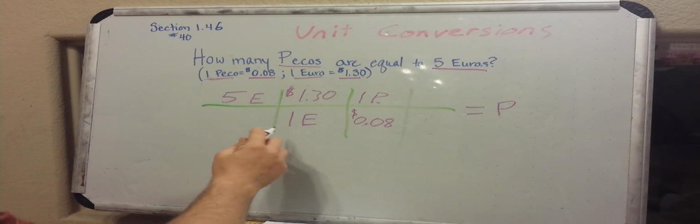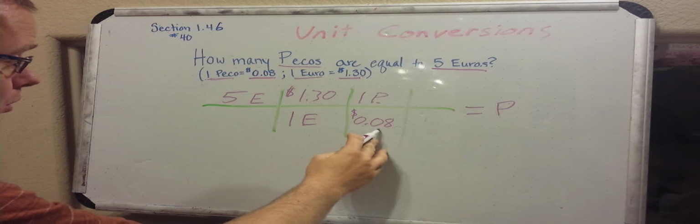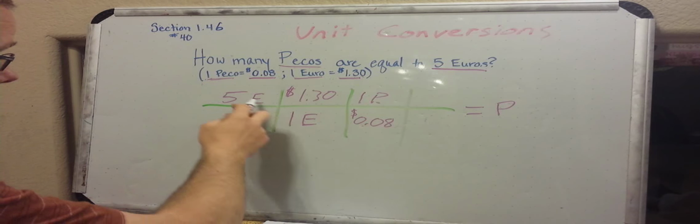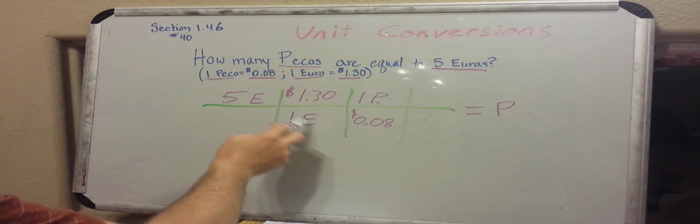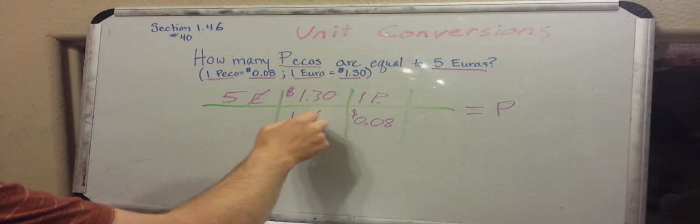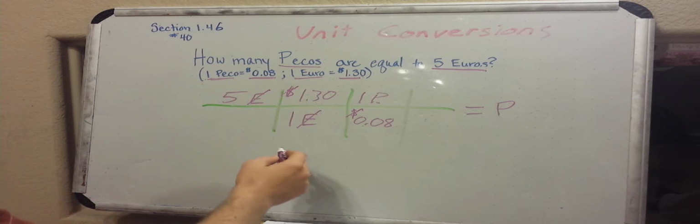So we're going to come down 1 euro times 0.08 dollars. So let's divide first our units. So E, we can get rid of the euros. Dollars, we can get rid of the dollars.